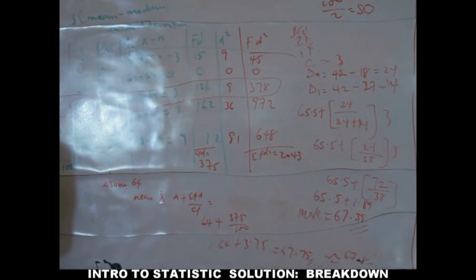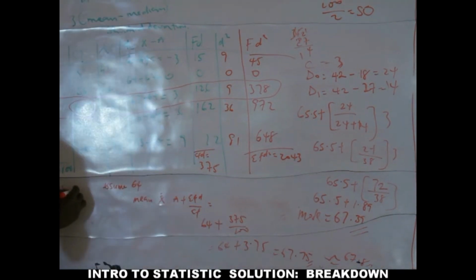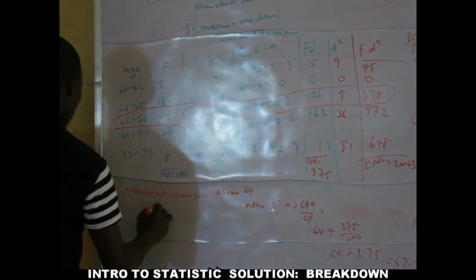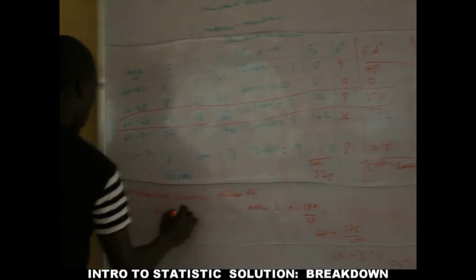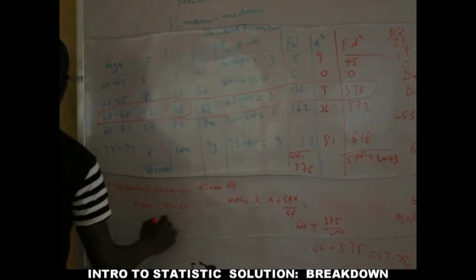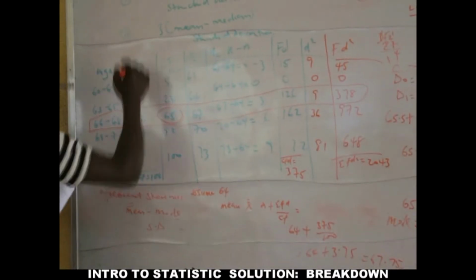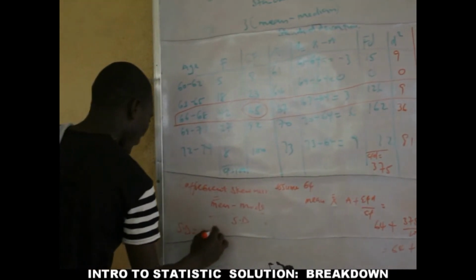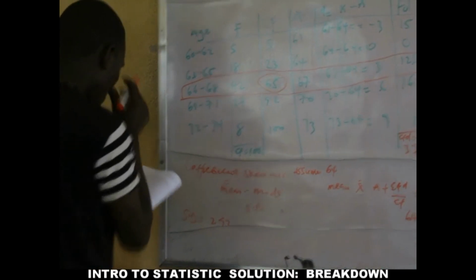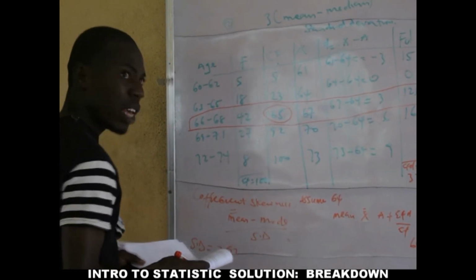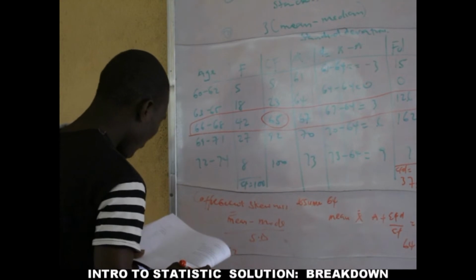Coefficient of skewness is equal to our mean minus mode, divided by the standard deviation. And we know our standard deviation as 2.92. We have been given a standard deviation of 2.92.